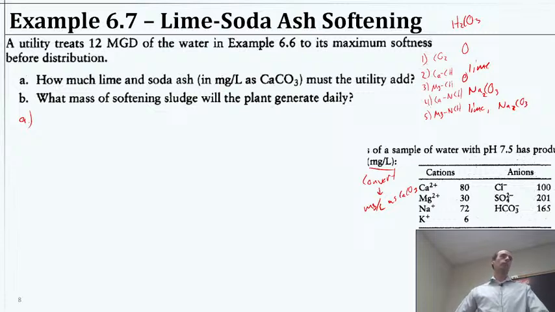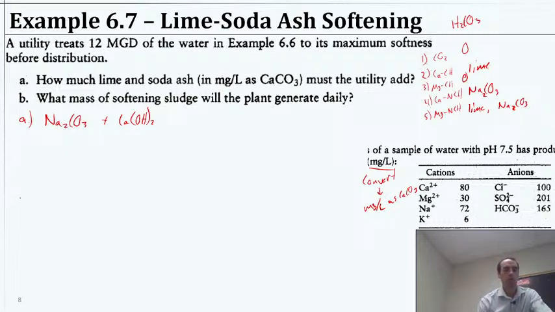Okay, here's the total milligrams per liter of lime and soda ash. We could even add them together because this was asking for both. And that could get us to our answer.